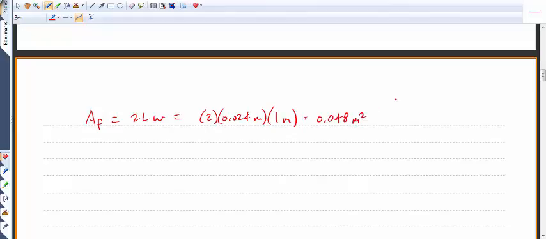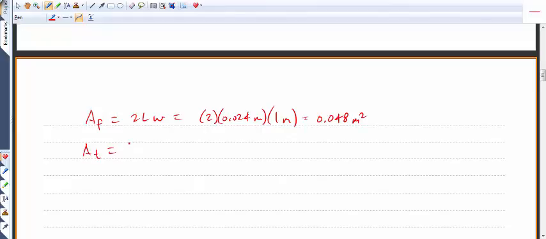The fin area is going to be 2 times L times W. So it's 2 times 0.024 meters times 1 meter, which will be 0.048 square meters.